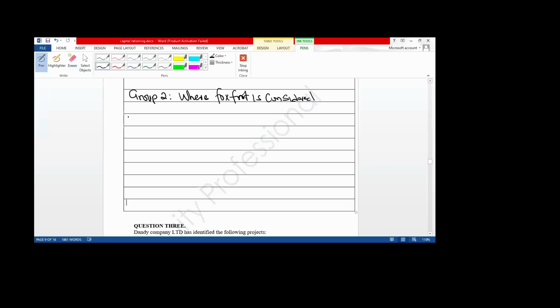So we are going to start with Charlie, capital amount 25, cumulative 25, NPV 1625.